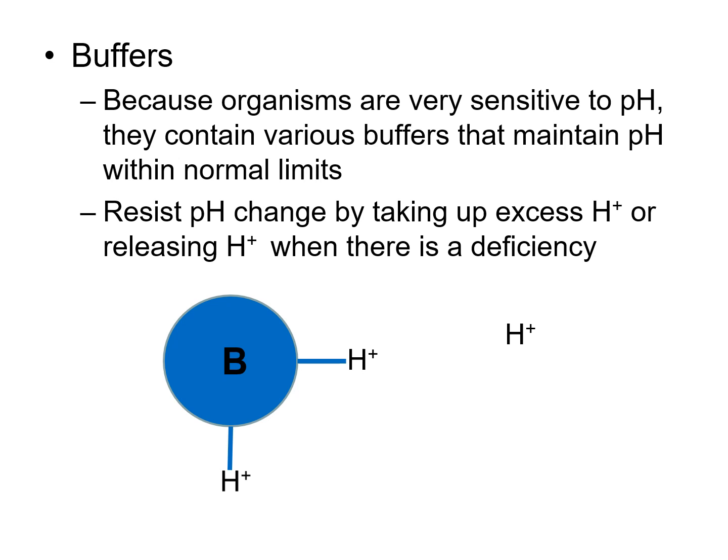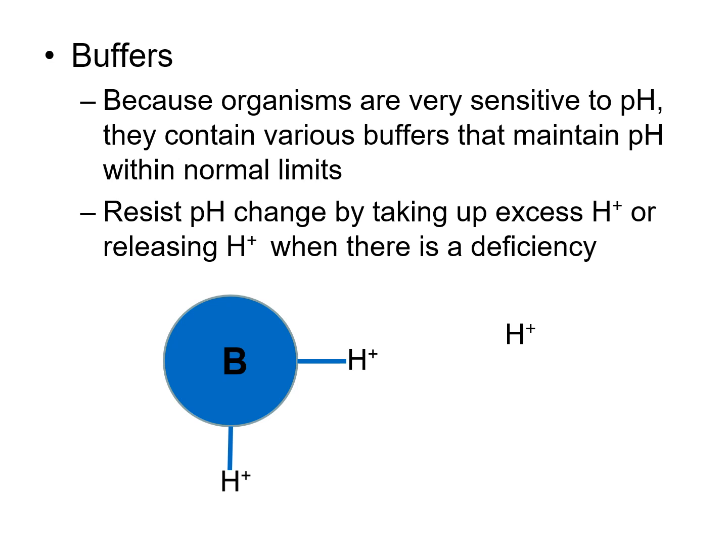Let's say in contrast, now there is a decrease in the concentration of hydrogen ions in solution. So now pH is increased above the normal range. So it's more basic than it should be.